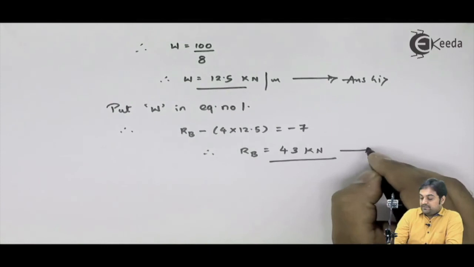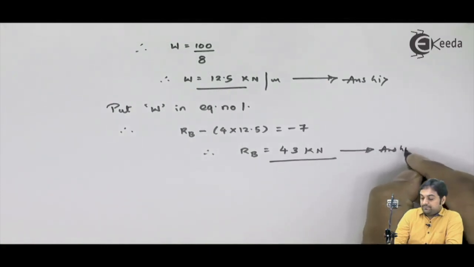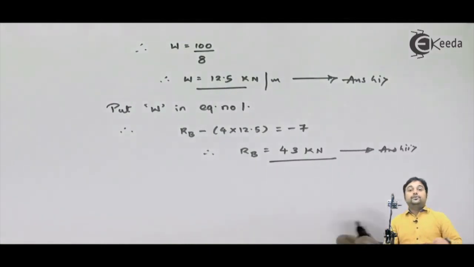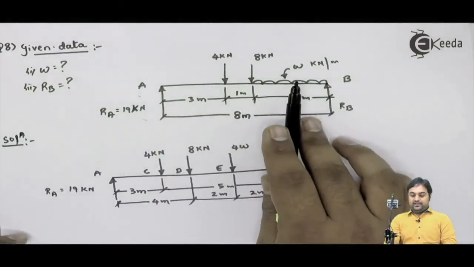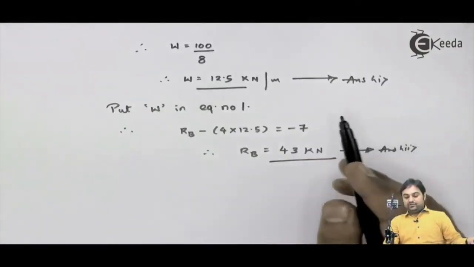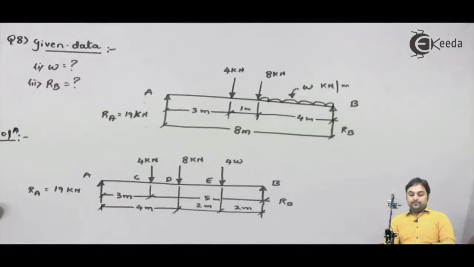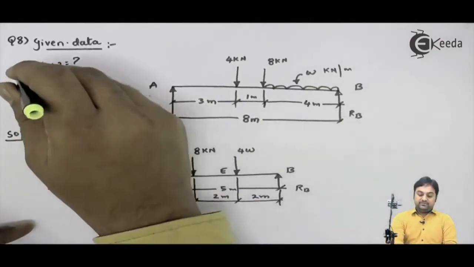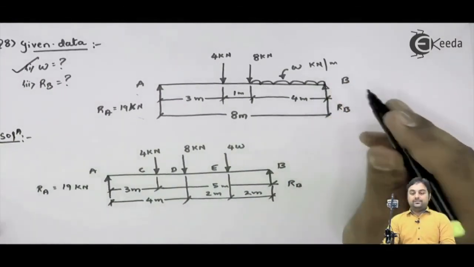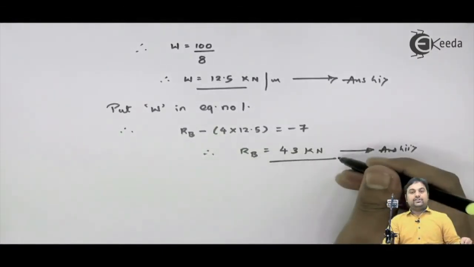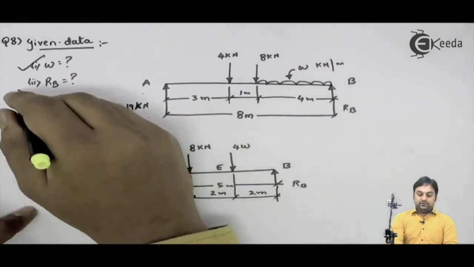This is my second answer. So if I look into this question, there were two things asked. First, we had to calculate the intensity of UDL, and the W answer which I have got is 12.5 kilonewton per meter. So W has been solved. The second part was to calculate the right hand reaction RB, and its value is 43 kilonewton. So we have solved the second part.